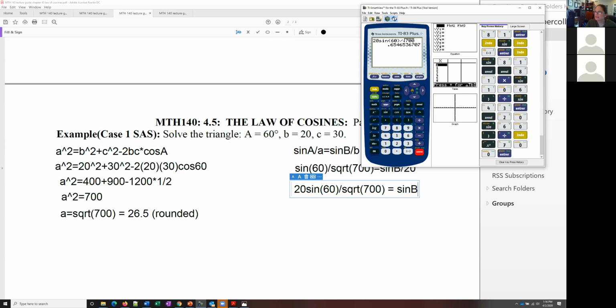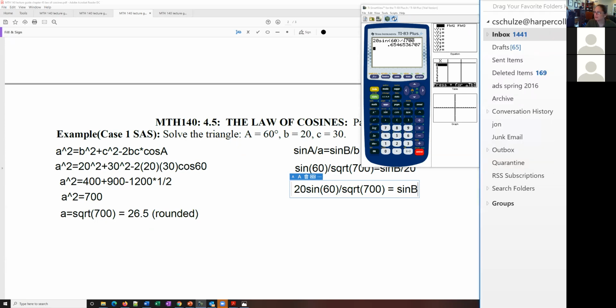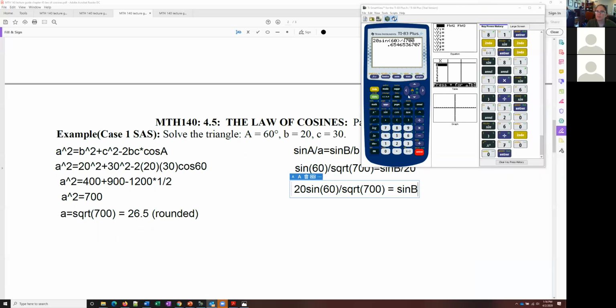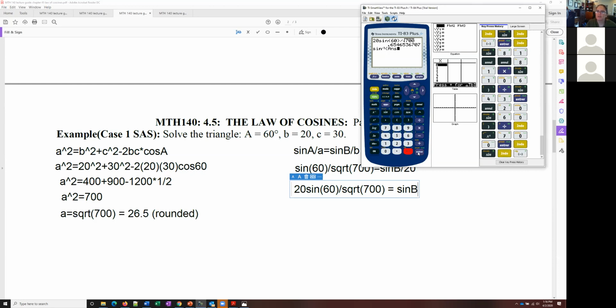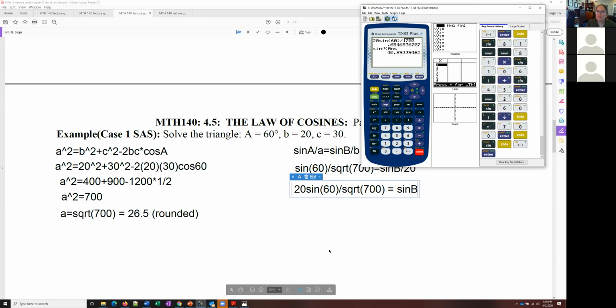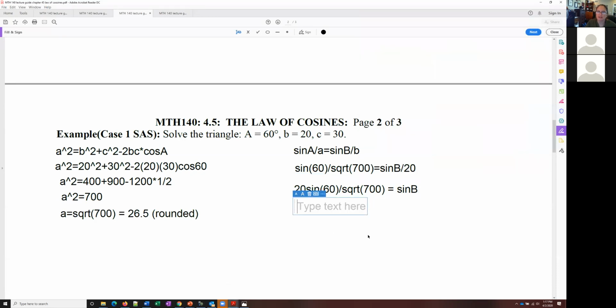And that tells me that sine of angle B is going to be about 0.65. And then to figure out what angle B is, I'll do the inverse sine of that number. And that tells me that angle B is close to, I'll go ahead and round it to 41 degrees.